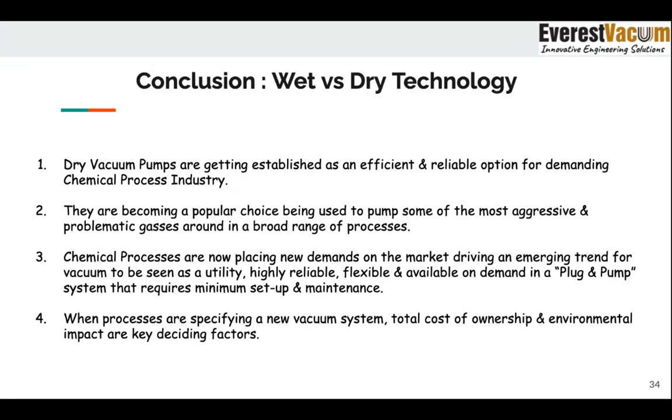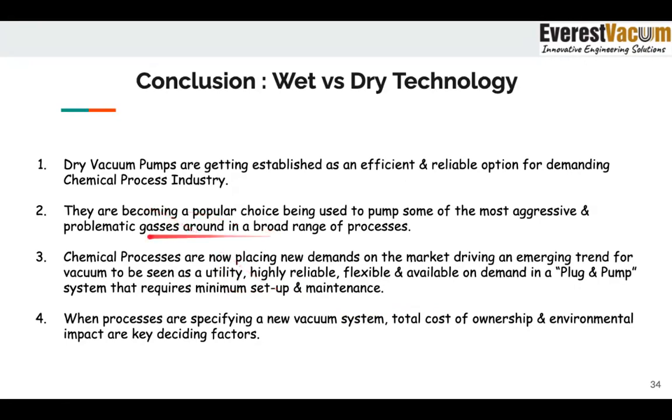They are becoming a popular choice with some of the most aggressive and problematic gases, in a broad range of processes. Chemical processes are now placing new demands on the market, driving an emerging trend for vacuum to be seen as a utility, highly reliable, flexible, available on demand in plug and pump mode systems that require minimum setup and maintenance.